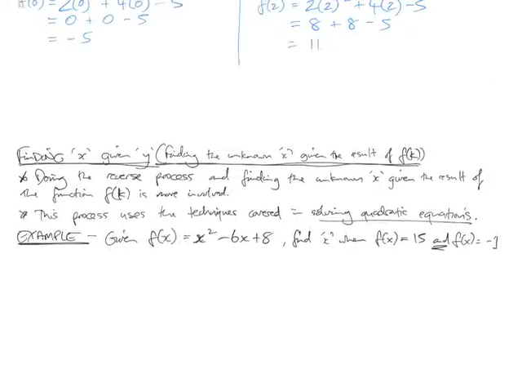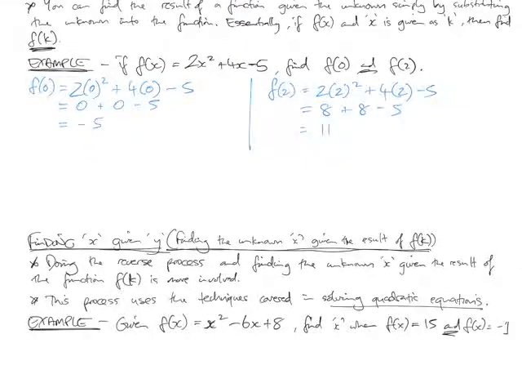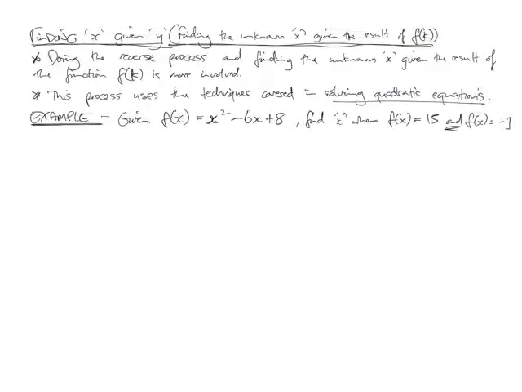So essentially what you're doing in this process is, let's say you know that f of something is 11. You're trying to find the something, or the somethings, because remember, a quadratic can have more than one solution. So this process, doing the reverse, uses the techniques we covered in solving quadratic equations, in the previous topic.